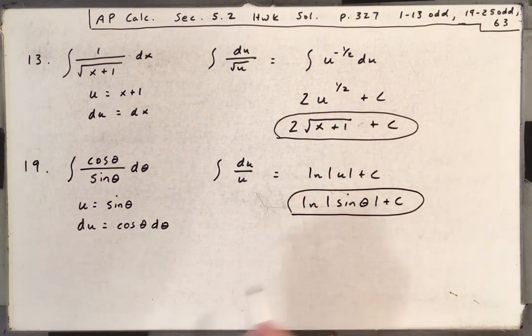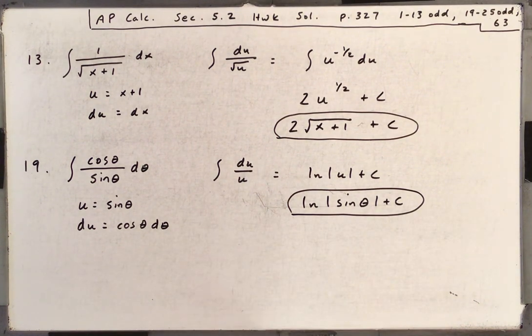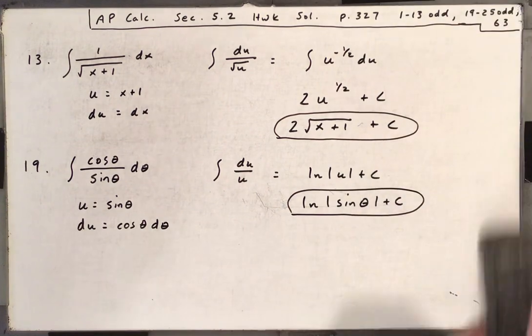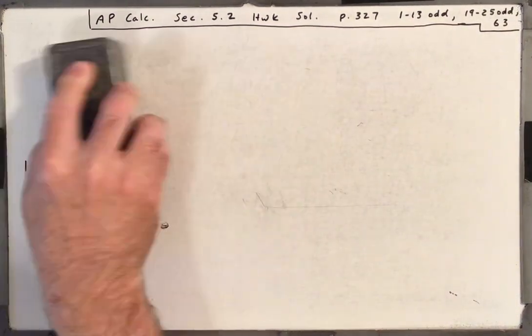So now we've proved 2 of those 4 new formulas. The first one I did in the notes, and now here's the other one. Okay, that's number 19. We'll move on to 21.